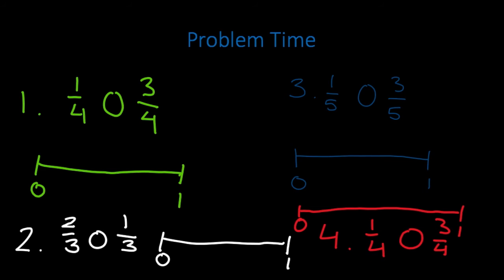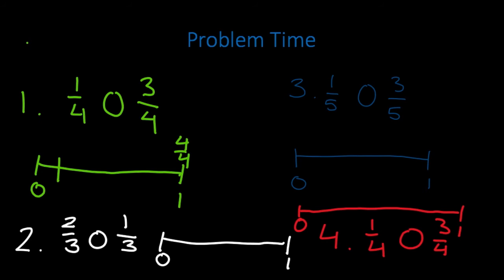Now, time for some problem time. Sorry guys. Okay, so now we're going to find if 1/4 or 3/4 is bigger. So I'm going to draw our total number here is 4/4. And let's now find out where our 3/4 and 1/4 are.